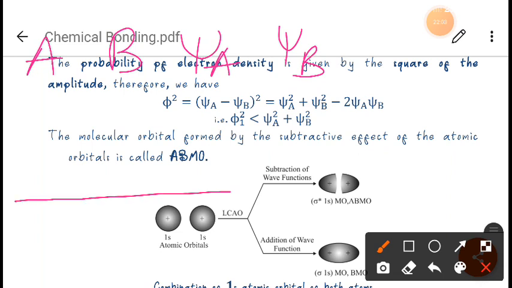Suppose this is A, and this is B here. It can be represented like this.